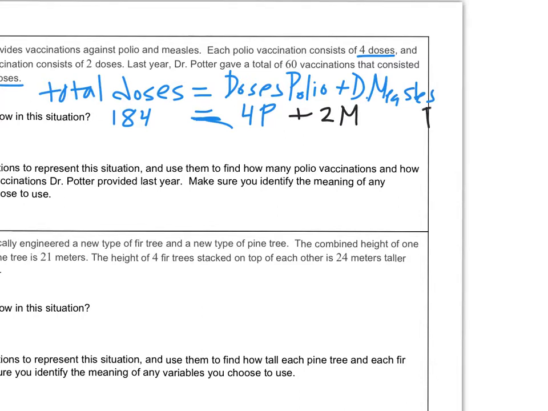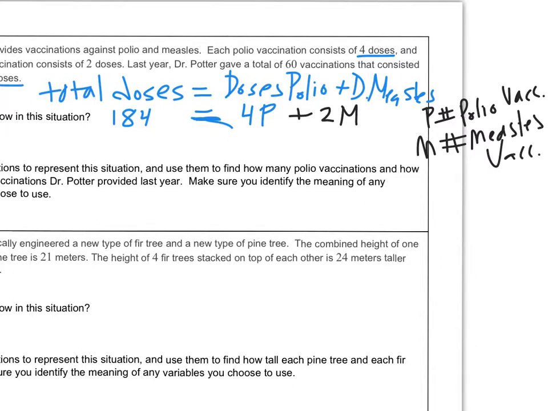And P is the number of polio vaccinations, and M is the number of measles vaccinations. All right, I also need a total number of vaccinations. Cool. So that's 60 total, and that's going to be equal to the number of polio plus the number of measles. Okay.